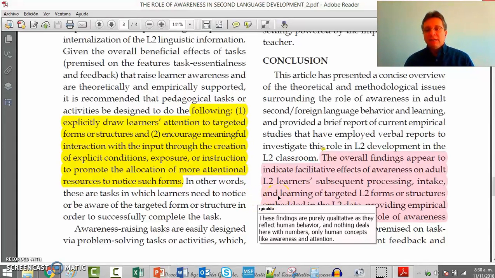This is another concept I find to determine that the qualitative methodology is used in this article. These findings are purely qualitative, as they reflect human behavior, and nothing deals here with numbers, only human concepts like awareness and attention.